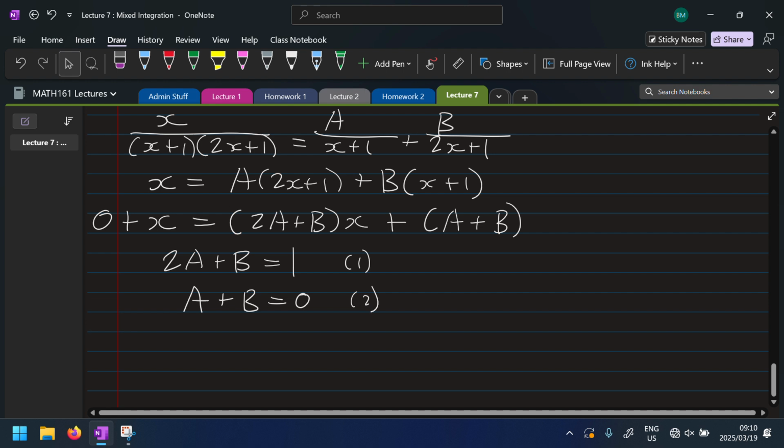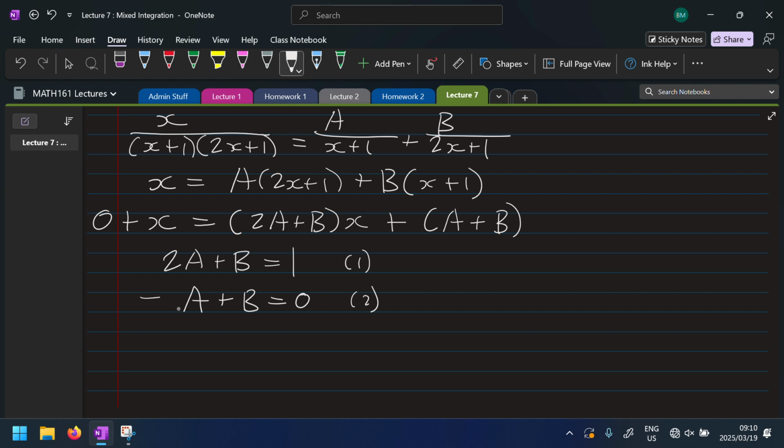Easy enough. 2 equations, 2 unknowns. We can solve this. Let's subtract equation 2 from equation 1. If you're doing it with the matrix stuff, row 1 minus row 2 sort of thing. So 2a minus a, that's a, the b's cancel, so a is 1. If a is 1, b is minus 1.